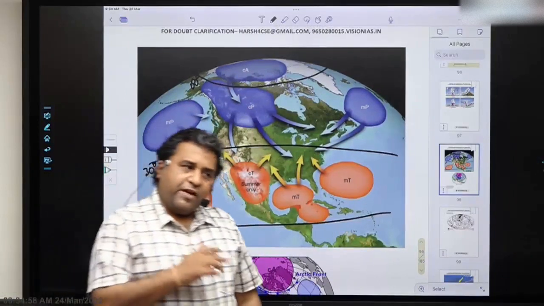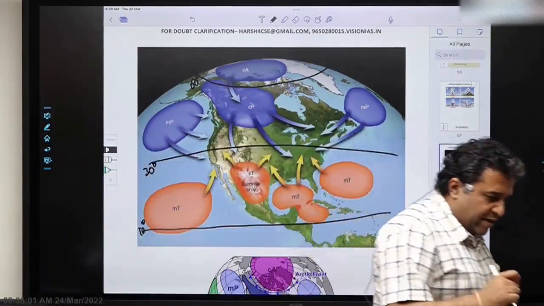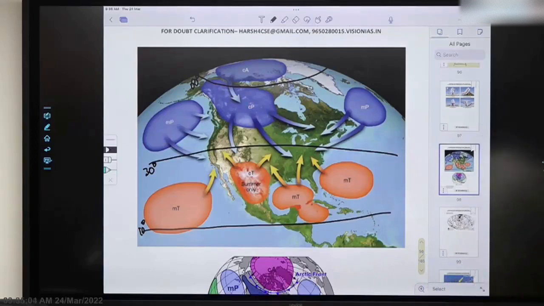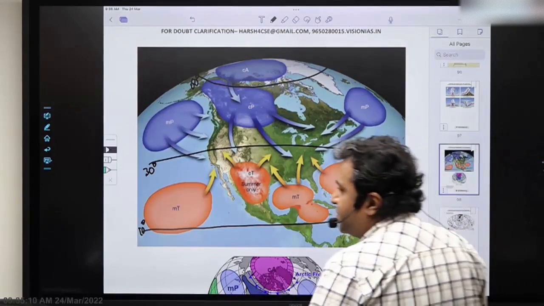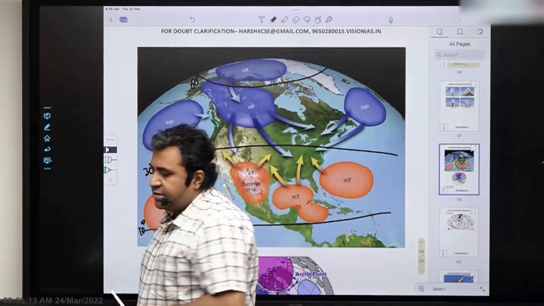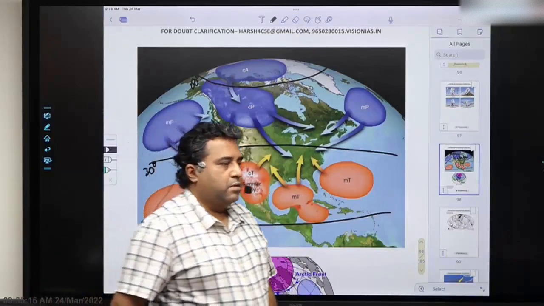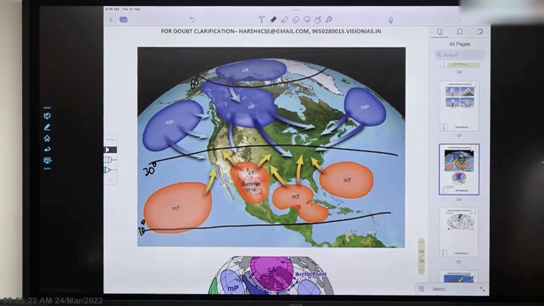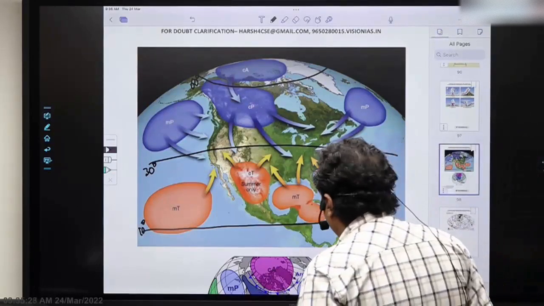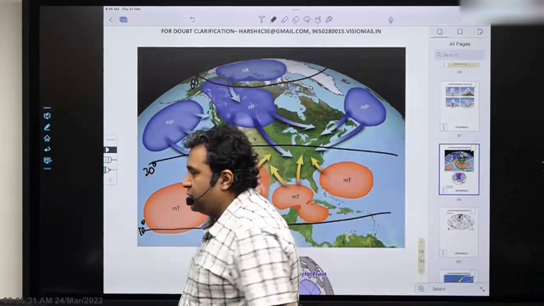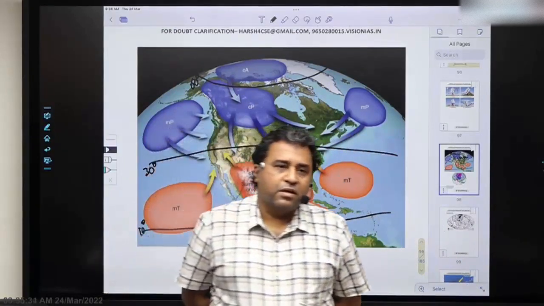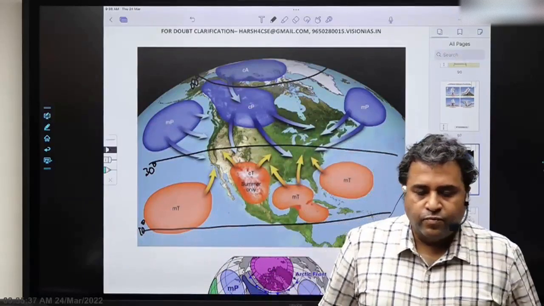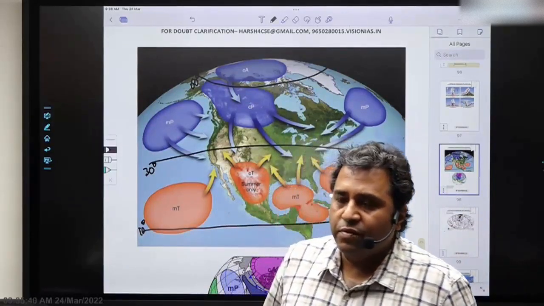Now, so air mass done. If you want you can write that one last line. Temperature wala part we have already seen. You can write the relative humidity of air masses can affect the probability of rainfall, and the absolute humidity of air masses will affect the what?